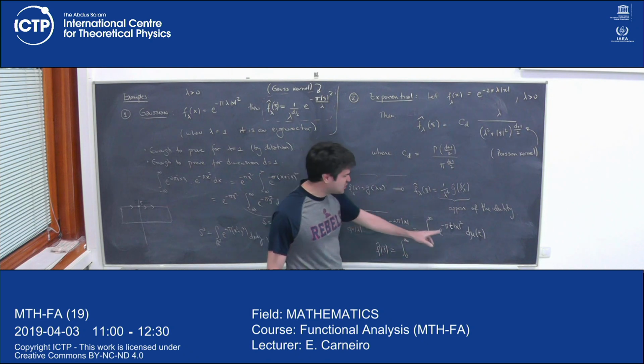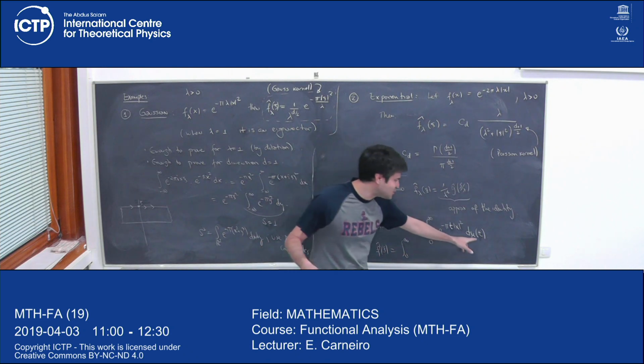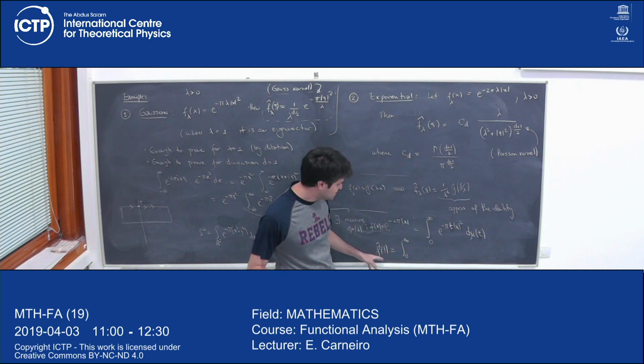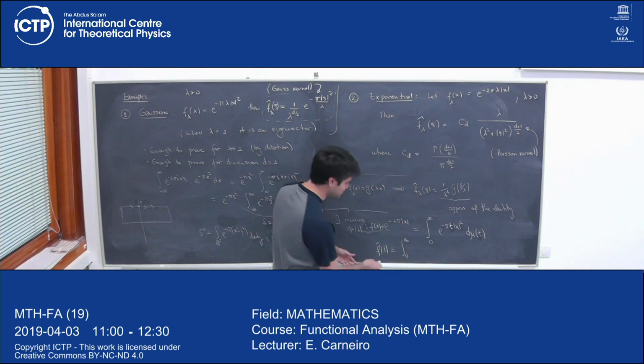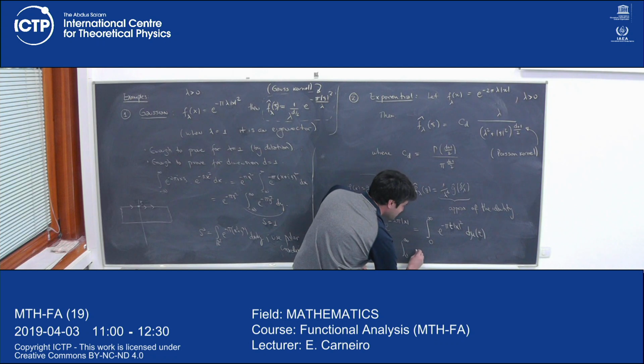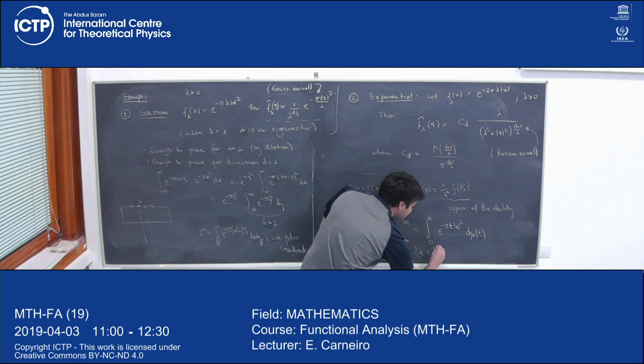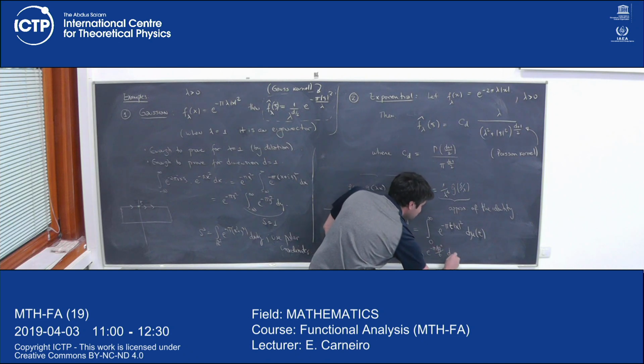If this function is a sum of some Gaussians, the Fourier transform will be the sum of the Fourier transforms, because it's linear. So you can just prove that this is going to be equal to t to the minus d over 2 e to the minus pi |xi| squared over t under the same measure.